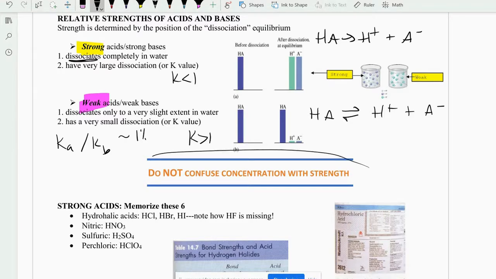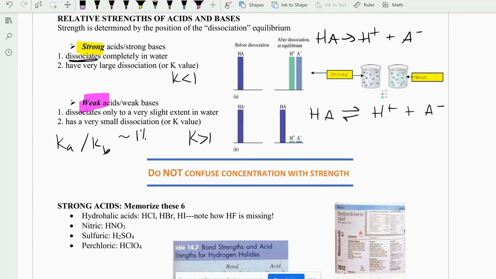As we go throughout this unit, please do not confuse concentration with strength. Just because an acid is a strong acid doesn't mean it is highly concentrated. When we talk about strength, you guys, weak and strong, it simply refers to the ability to disassociate in water.